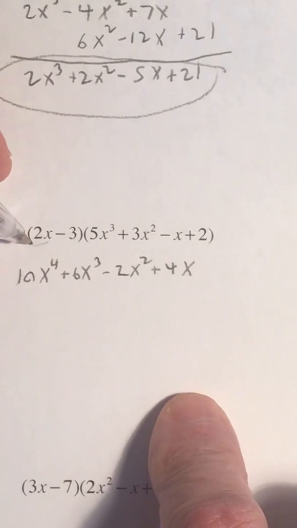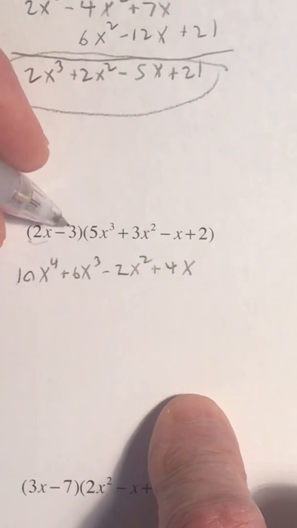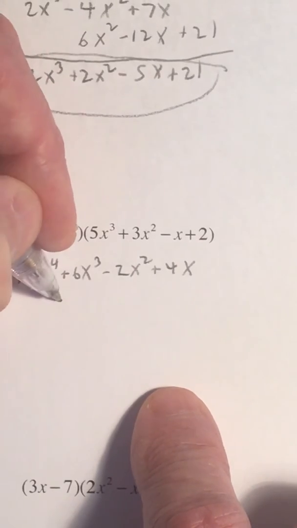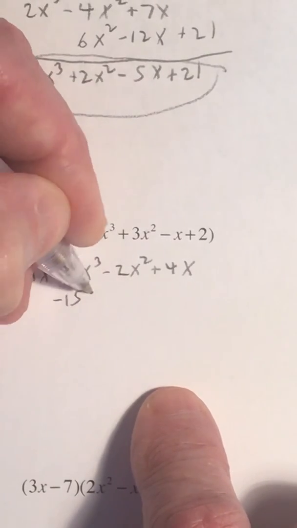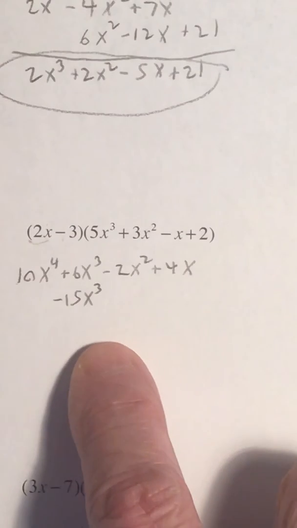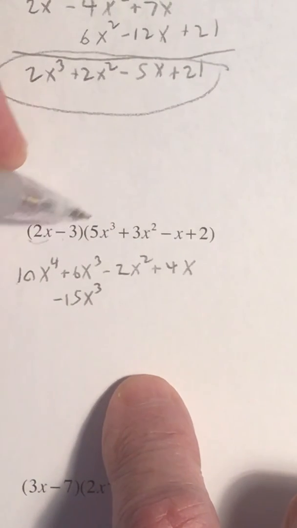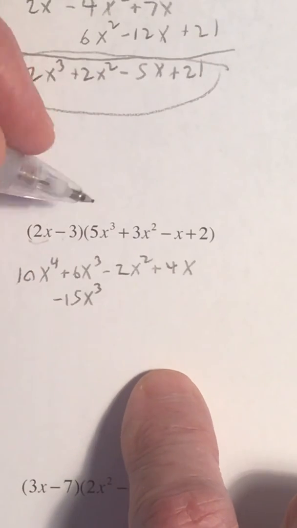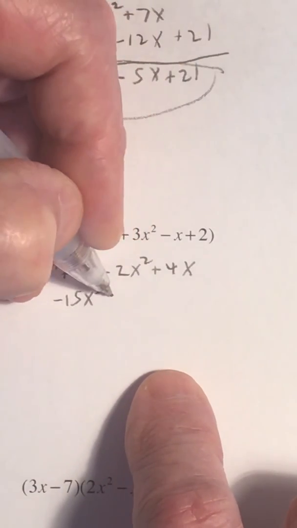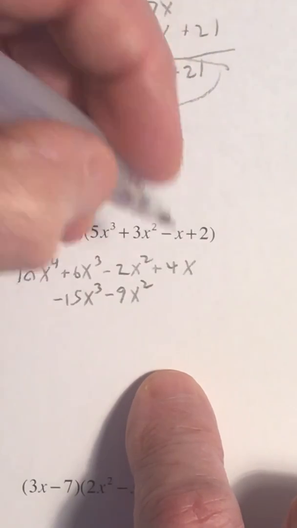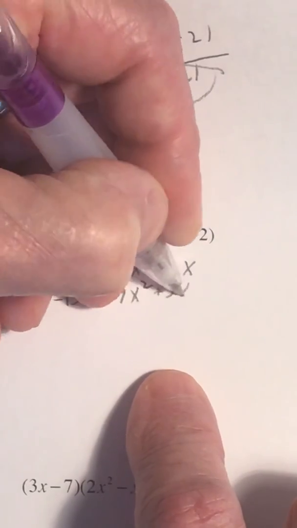Now we'll multiply by the minus 3. Minus 3 times 5x cubed, that'll make minus 15x cubed, which I put in the column underneath the other x cubed. Minus 3 times plus 3x squared, I get minus 9x squared. And then minus 3 times minus x, I get plus 3x.